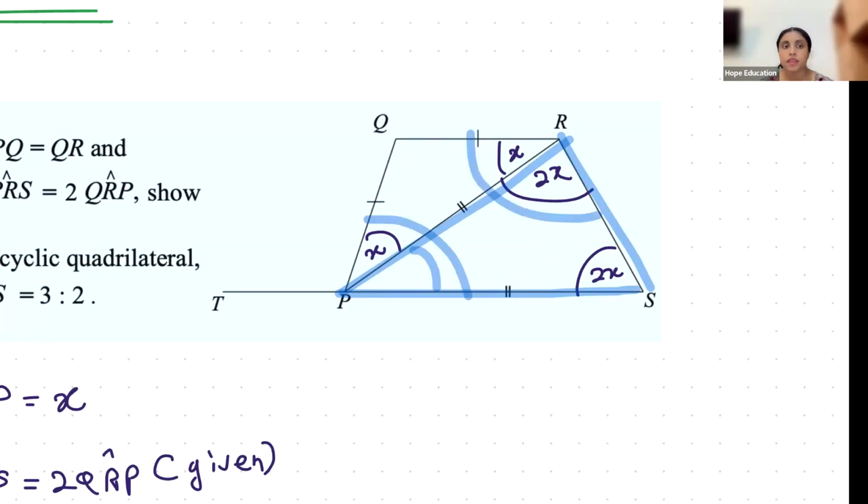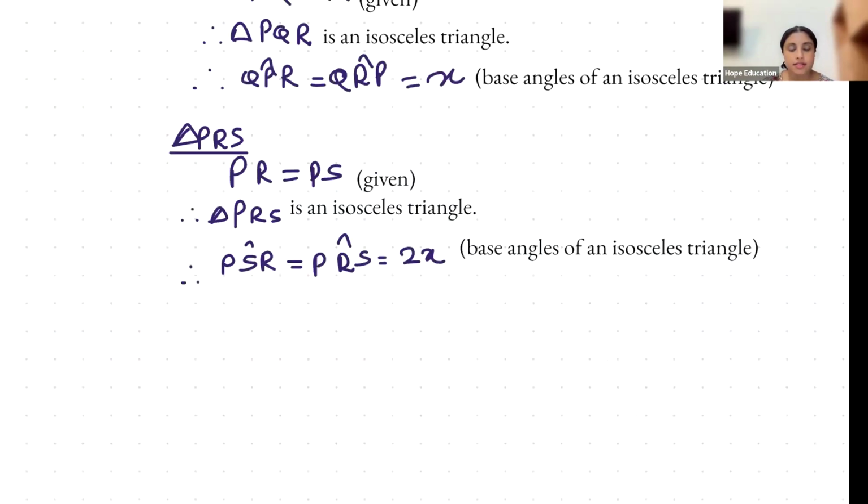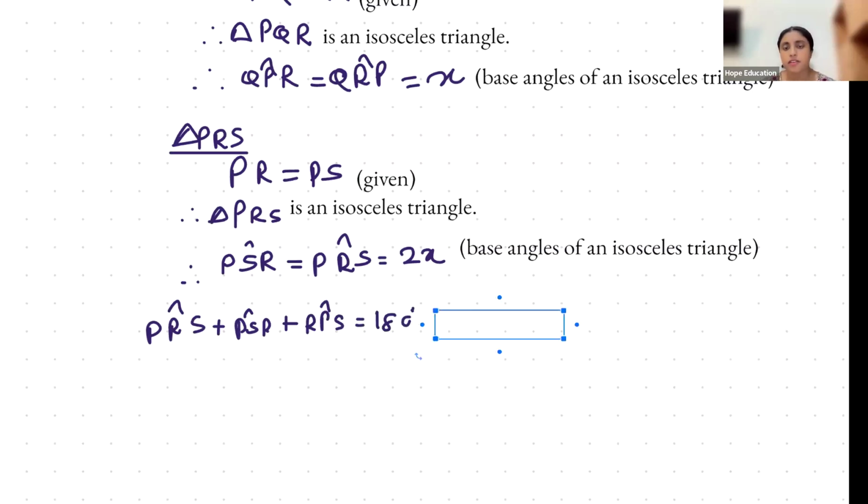So in triangle PRS, PRS, PSR and RPS, when you add all of them, it becomes 180 because of the interior angles of a triangle. PRS plus PSR plus RPS equals 180. The reason, you know, is the sum of interior angles of a triangle.